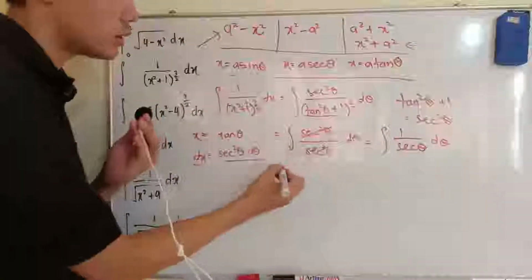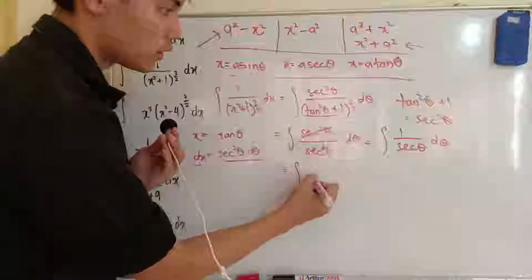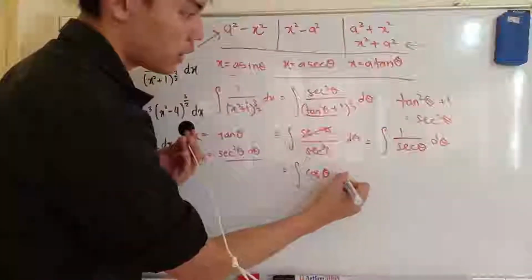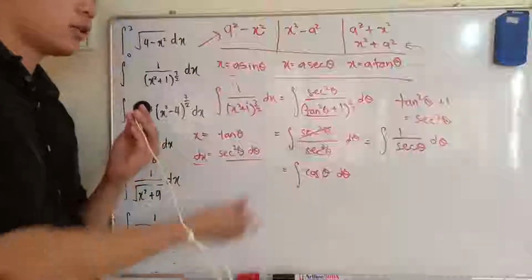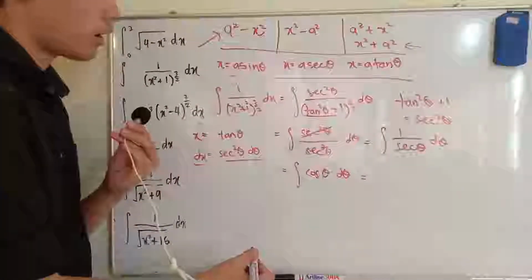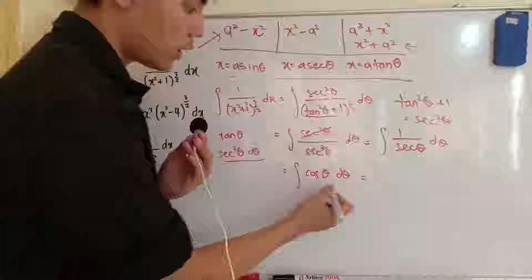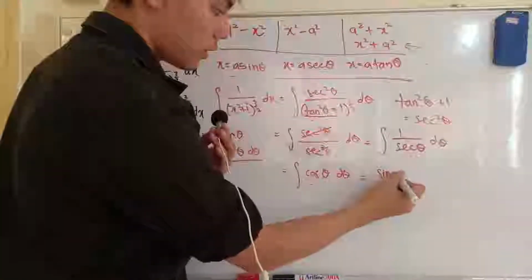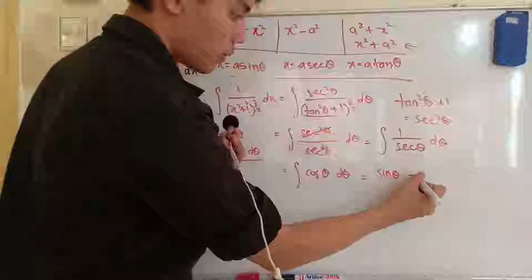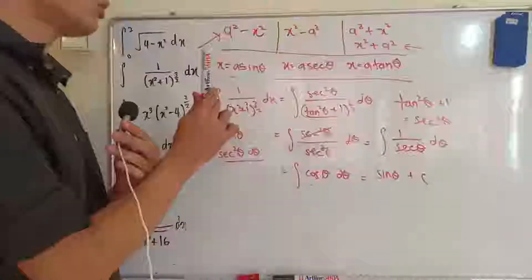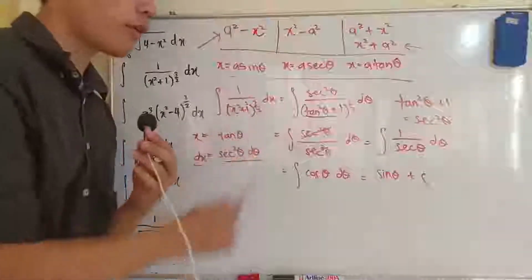So you just bring out your secant, it is going to be cos theta d theta. So you just integrate it, going to be sine theta plus c.